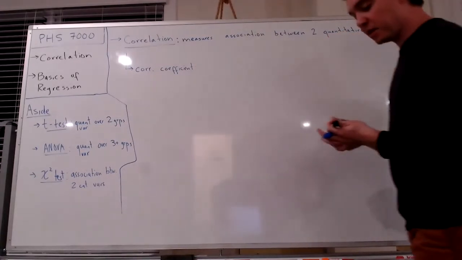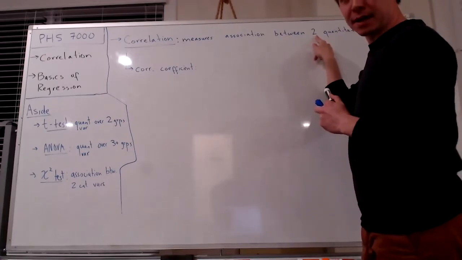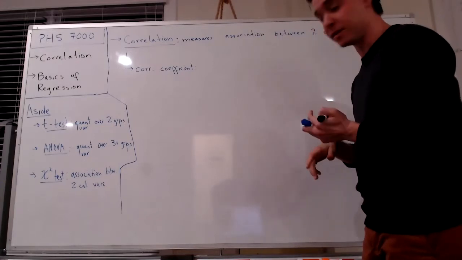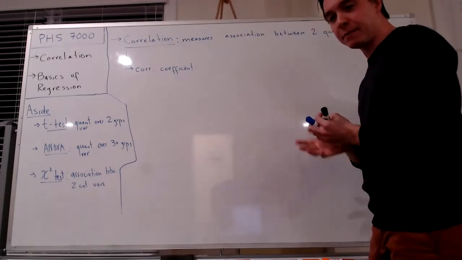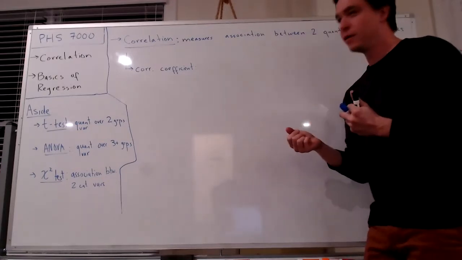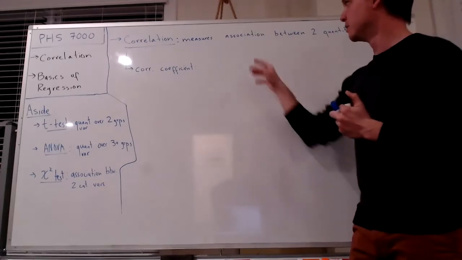Now, a couple of brief extensions. In theory, you can find a correlation between 3 variables, 4, 27 variables, but it becomes pretty quickly uninterpretable. So people, 99.9% of the time, focus on just 2 quantitative variables.